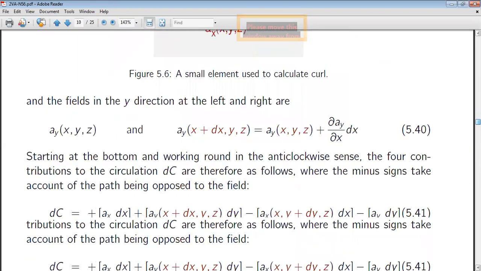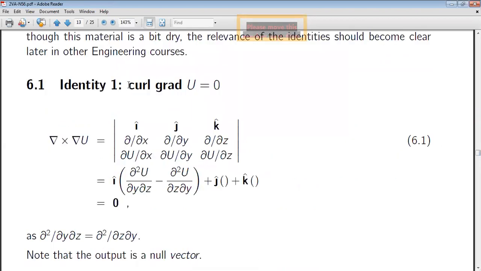Just write it down. ये आइडेंटिटी तुम लोग लिख लो क्वेश्चन में. You have to prove that. यहाँ प्रूफ डायरेक्टली नहीं दिया है, but the proof is very simple. Okay, just write down the identity. Curl gradient u. u is what? u is a scalar quantity.